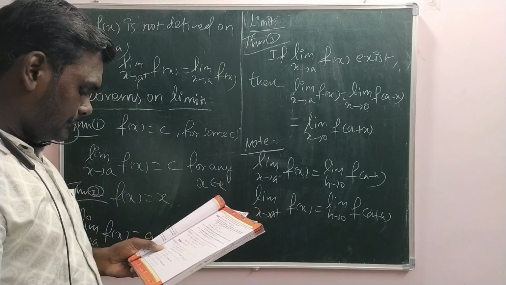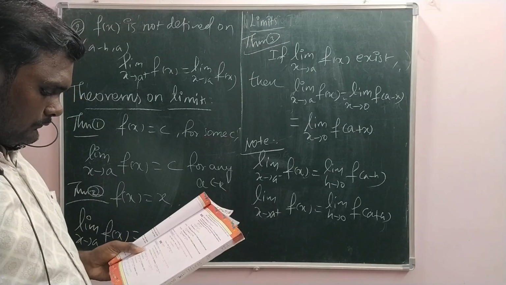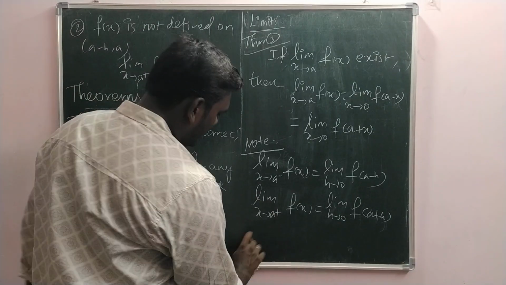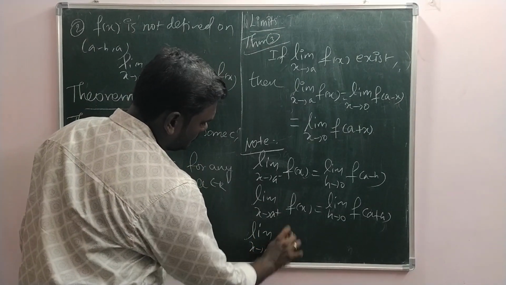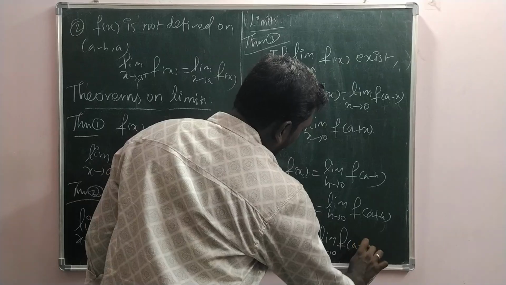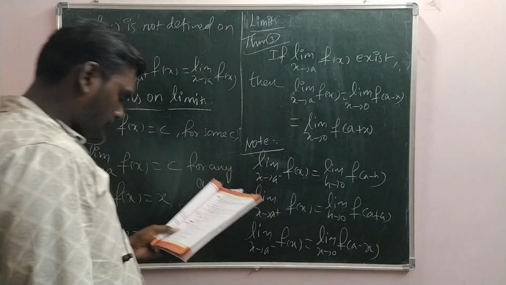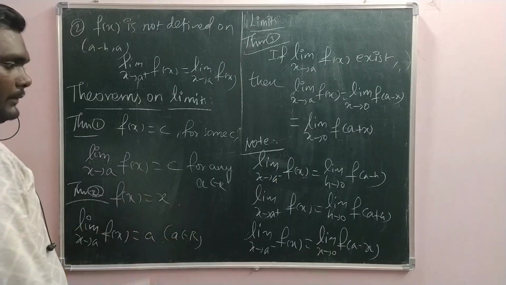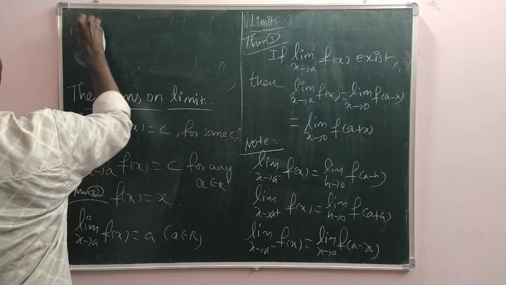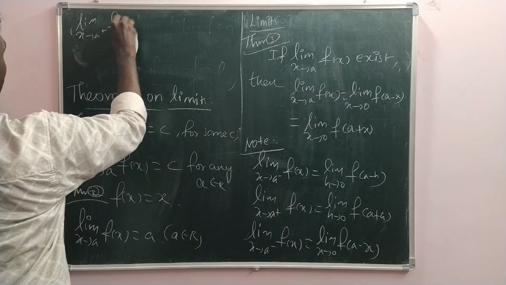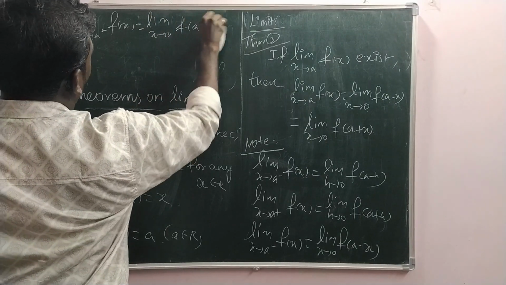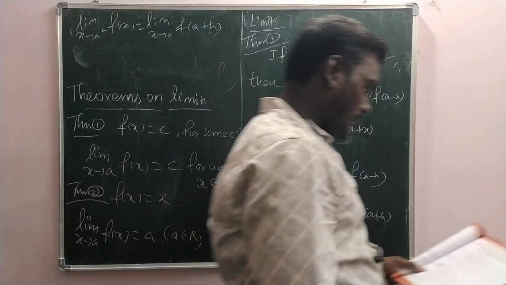And two more results. The limit as x tends to a minus of f of x is equal to the limit as x tends to 0 of f of a minus x. The same way, the limit as x tends to a plus of f of x is equal to the limit as x tends to 0 of f of a plus h. They are nothing but different definitions of left limit and right limit.